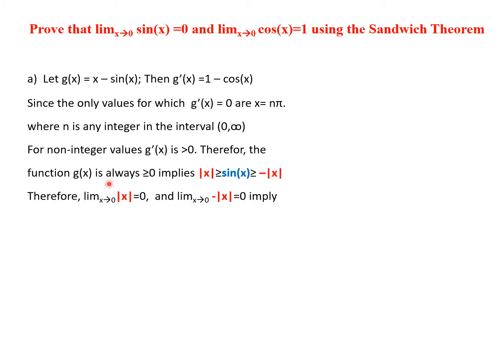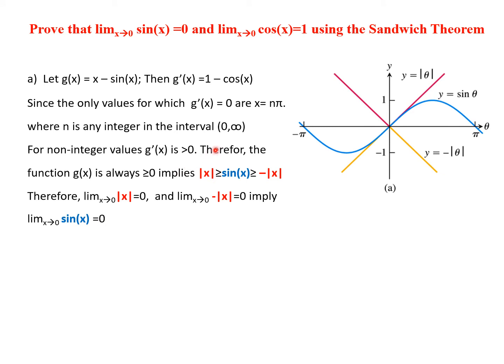Therefore, if we take the limit of the absolute value of x as x goes to 0, that will give us 0. And also, if we take the limit as x goes to 0 of the negative of the absolute value of x, that will also give us 0. Since both of them give us 0, that implies that the limit as x goes to 0 of sine x equals 0.